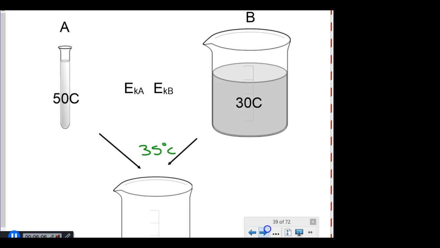So you already have an understanding of the basic principle of heat transfer and what we're getting at with this fancy word, thermal equilibrium. Now we're going to get mathy.